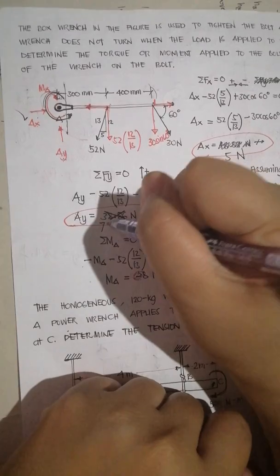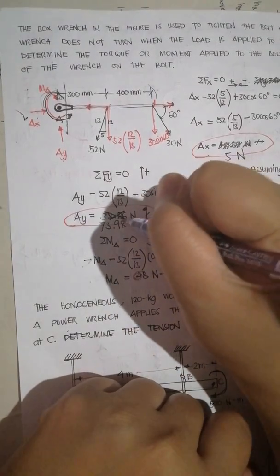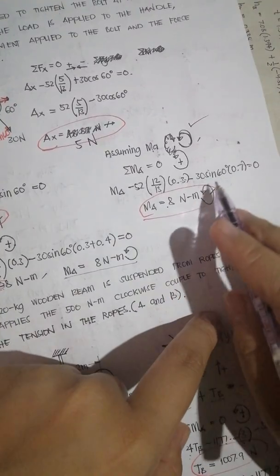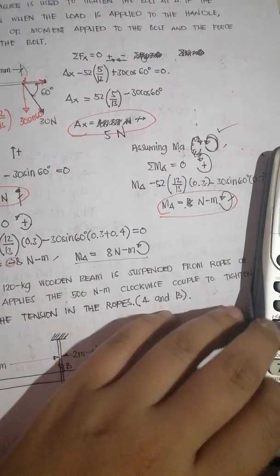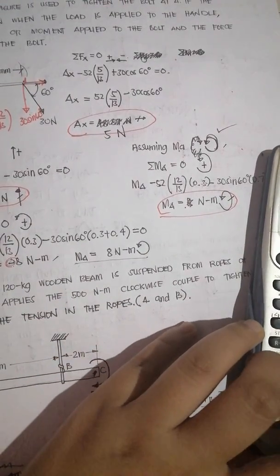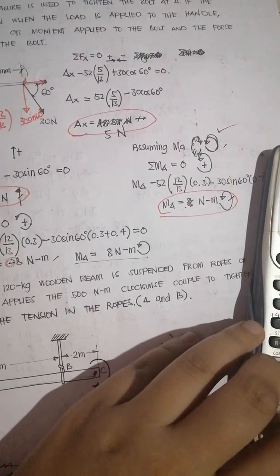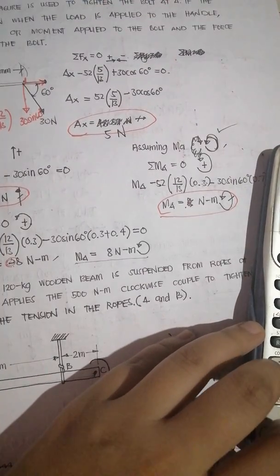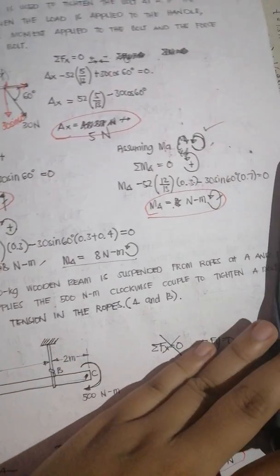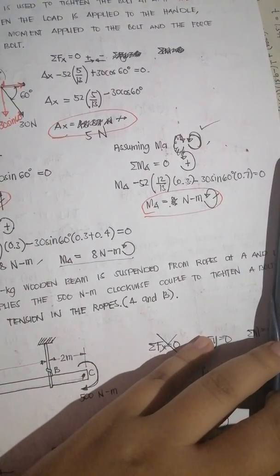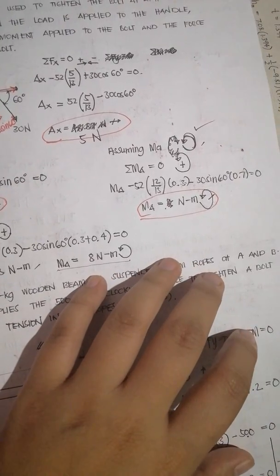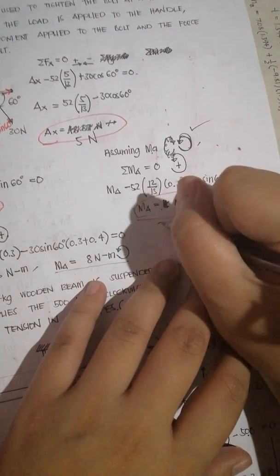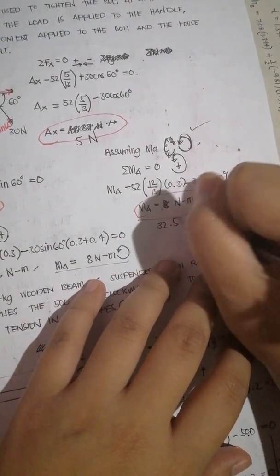So this should have been 73.98, and then this should not be equal to 8, rather to 12 over 13.3 plus 30 sine 60.7. Okay, 32.59.